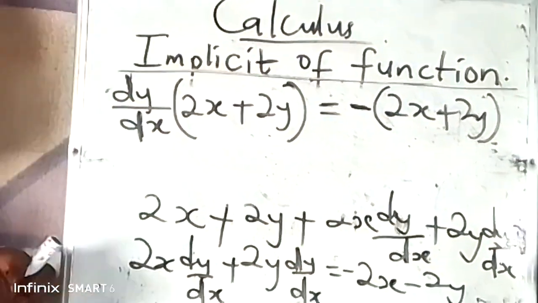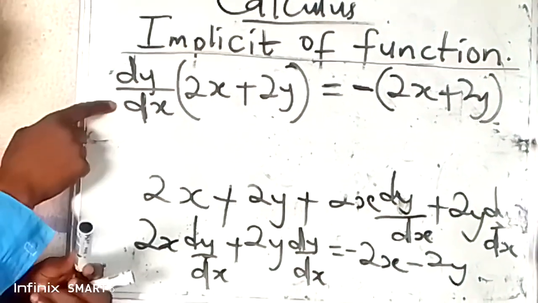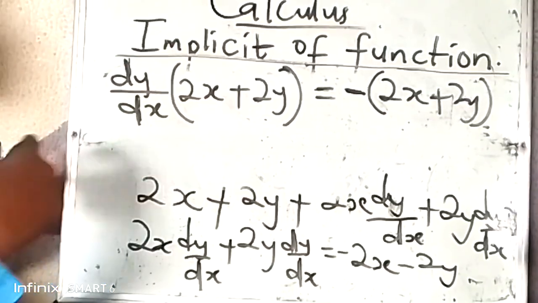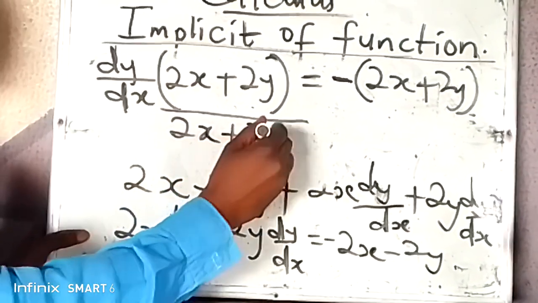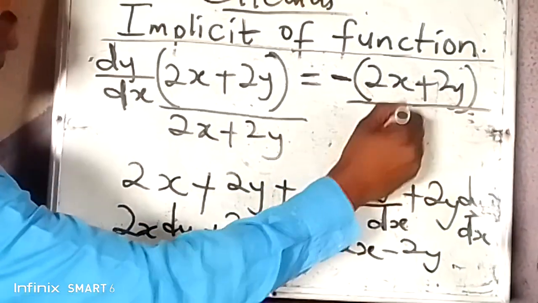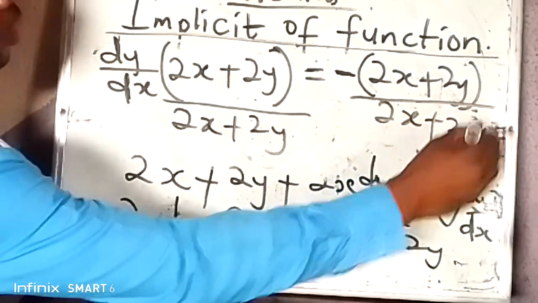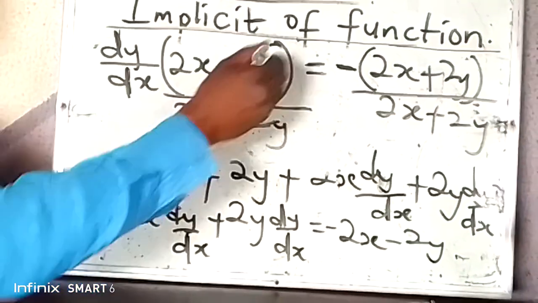So x plus 2y. Now we are looking for dy dx. That means I will divide both sides by 2x plus 2y, all over 2x plus 2y. So this one cancels this.